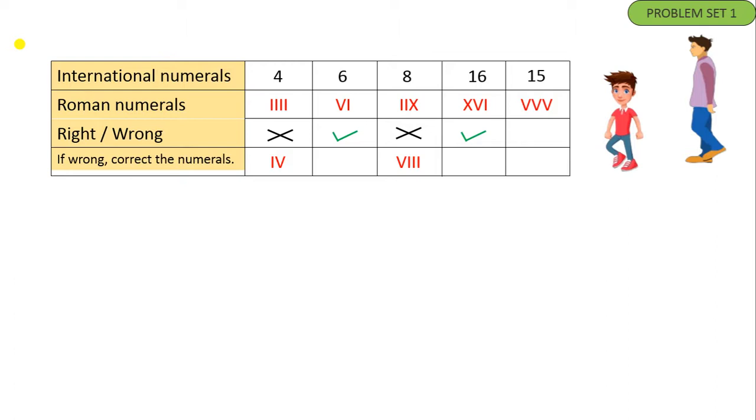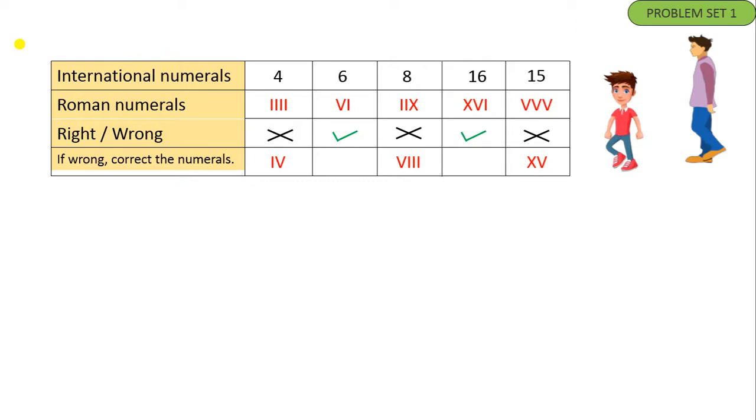And the last number is 15, and for it VVV is given as the Roman numeral, but it is wrong because we cannot use the Roman numeral V more than one time consecutively. So for the correct answer we have to distribute number 15 as 10 plus 5, and for this the Roman numeral is XV. You are correct, Rahul.